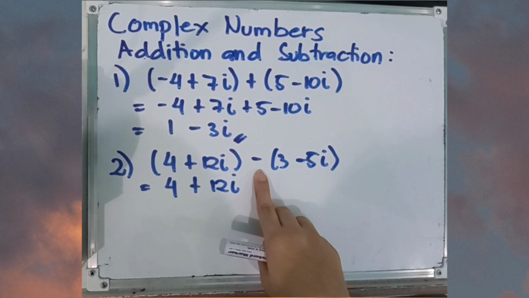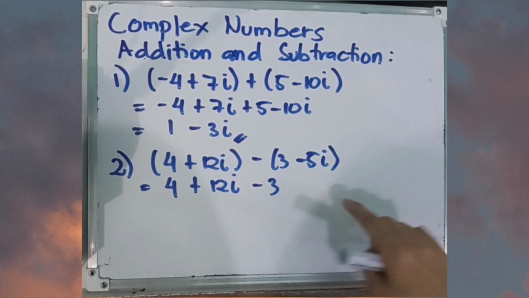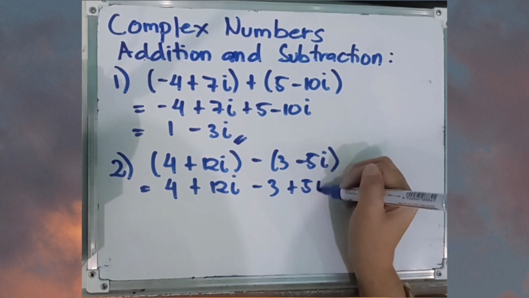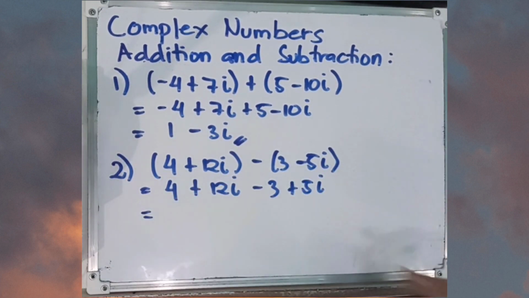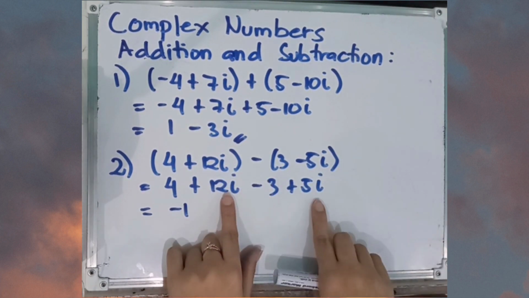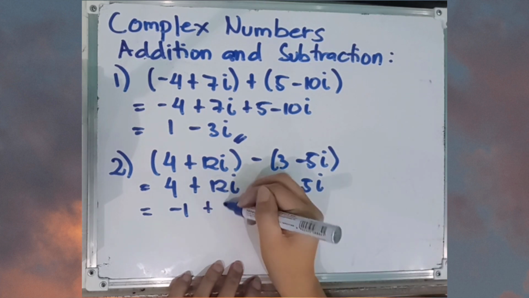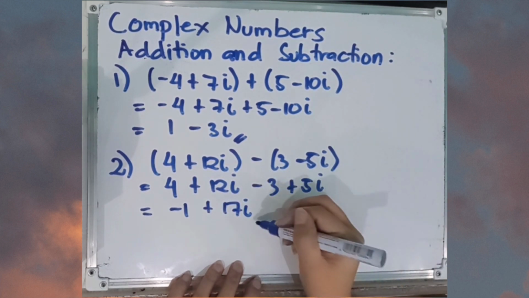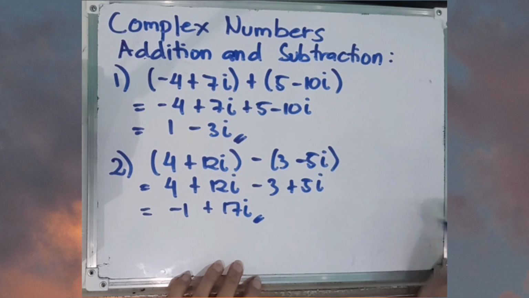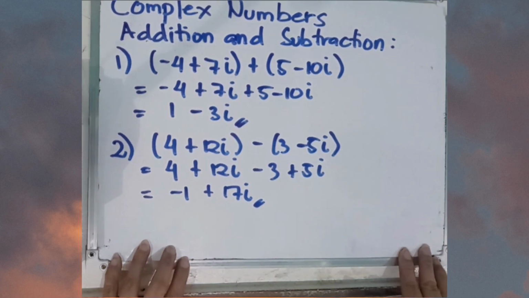Since this is negative, 3 will become negative, 5i will become positive. Then simplifying, 4 minus 3 is 1. 12i plus 5i is 17i. So that's in standard form. That's already simplified. That's our final answer.